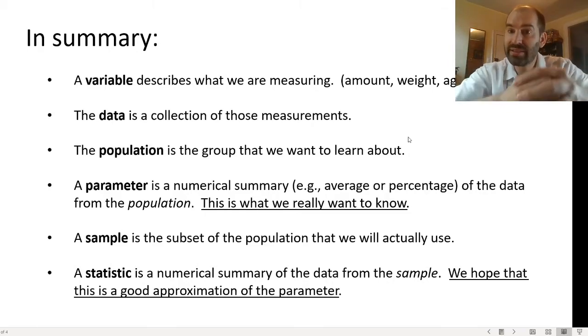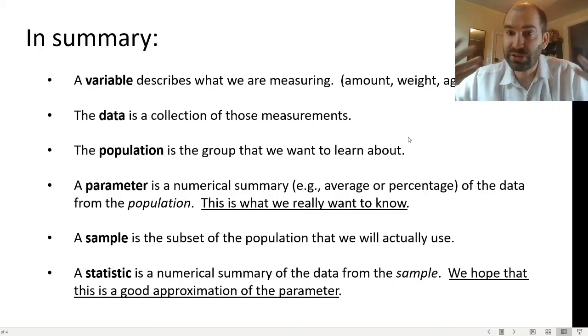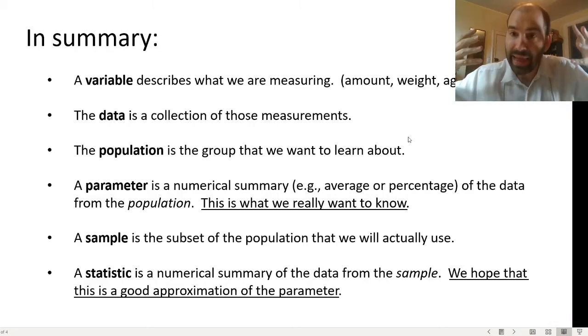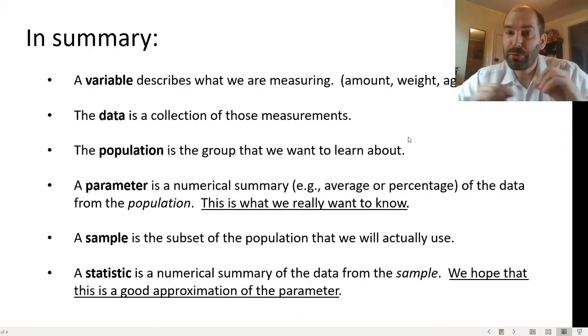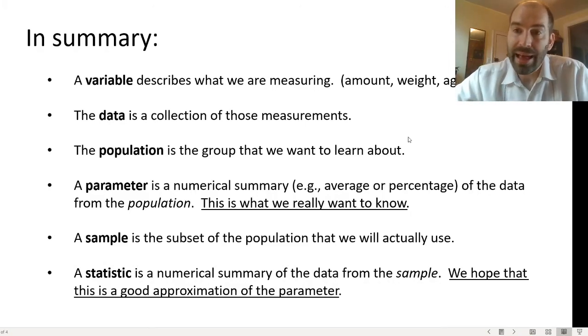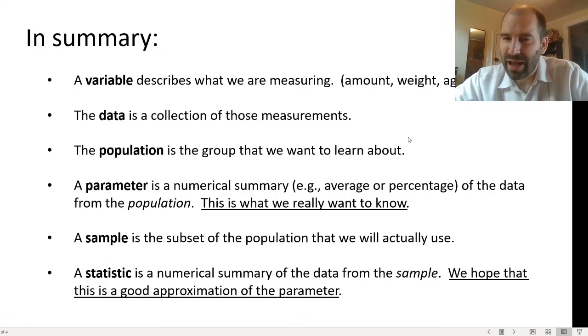We'll summarize that data, perhaps taking an average or a percentage, and that'll give us a statistic. And if our sample's a good one, if it's representative of the population, then that statistic should be a good approximation of the parameter. So we could say that our parameter is probably the value that we're getting right here.